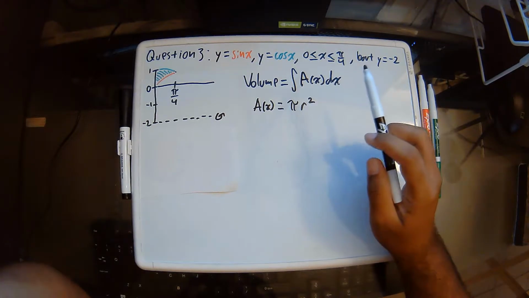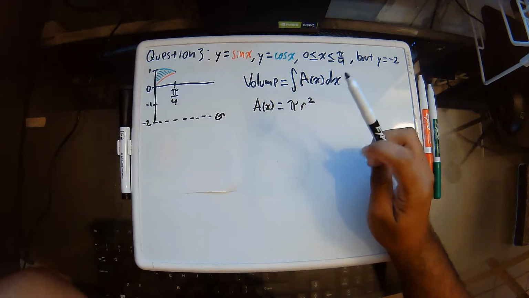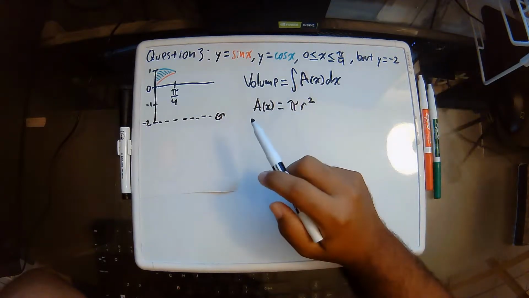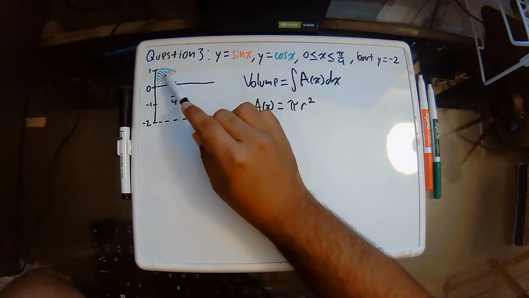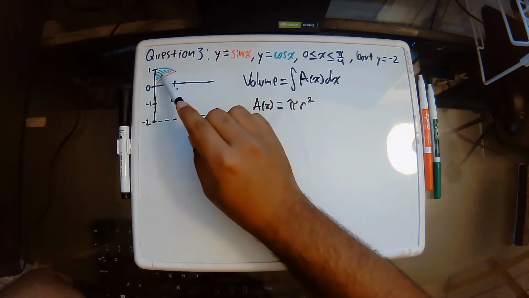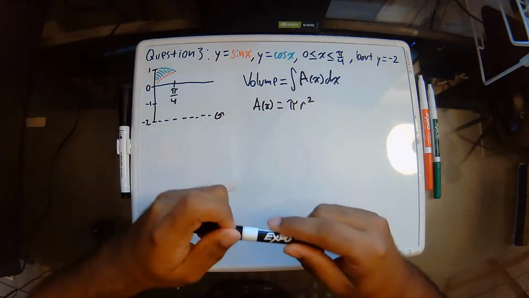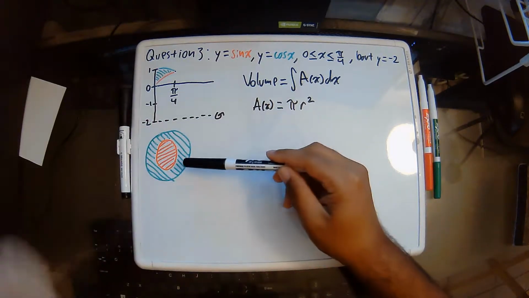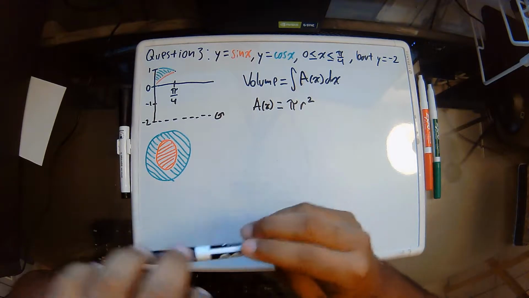Now, this is a little bit different because we are working with two different graphs, and we're only getting part of that area. To know what that area is, we have to subtract one area of the graph from the other.